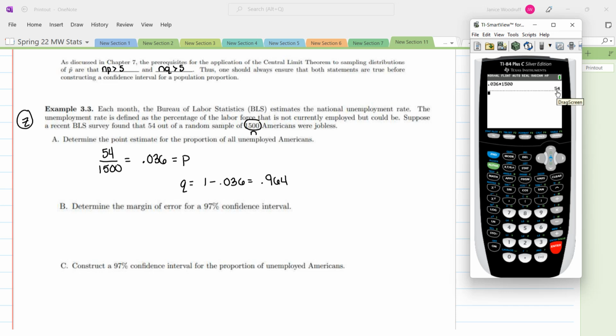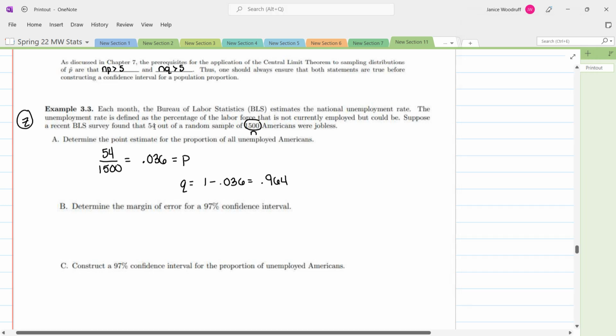We're good to go. We know that q is going to be greater, 0.964. Okay, so that's just checking the np and nq being greater than 5. Okay, so we answered A. Our point estimate is 0.036. We didn't need q yet, but we're going to need it for the next part.